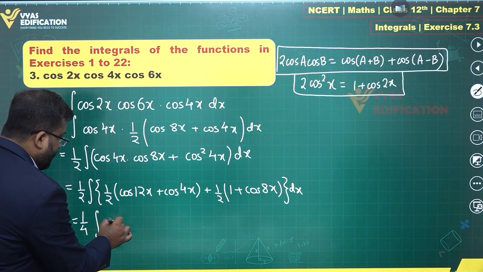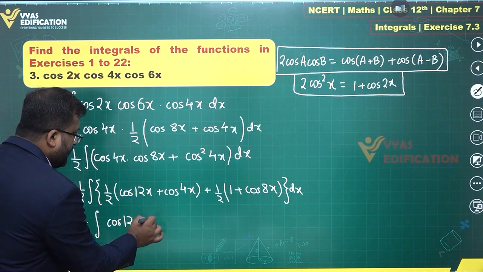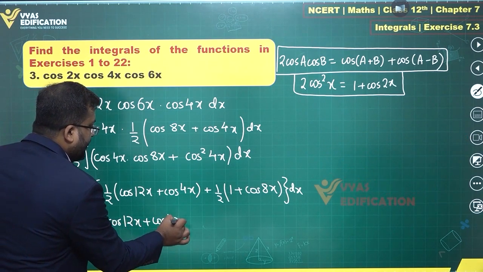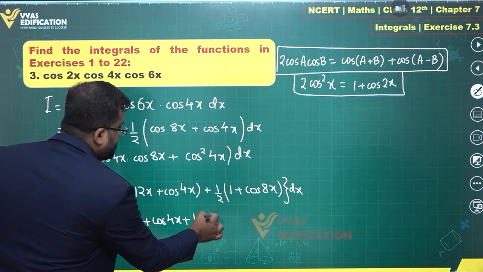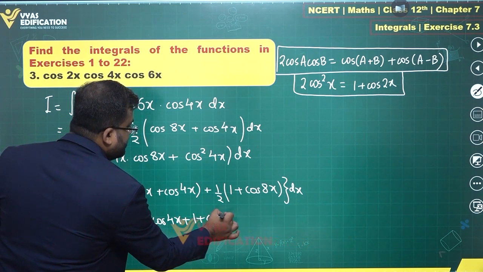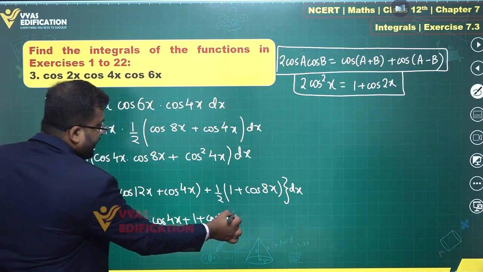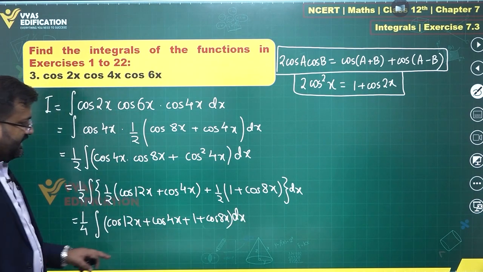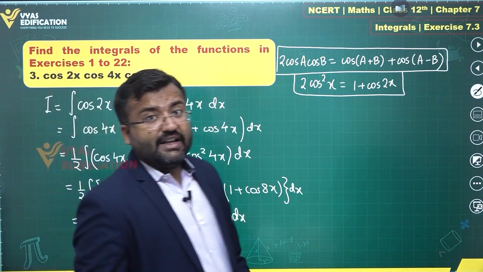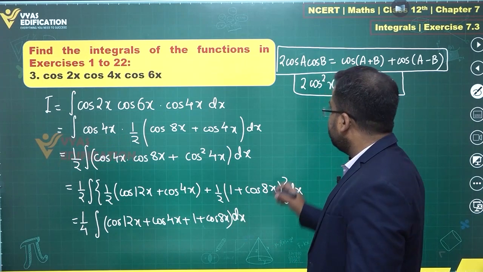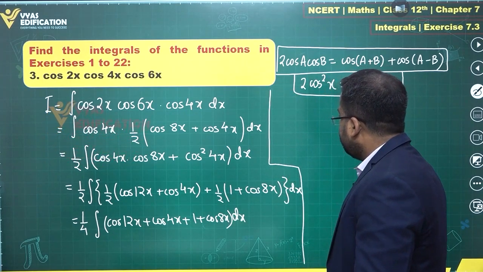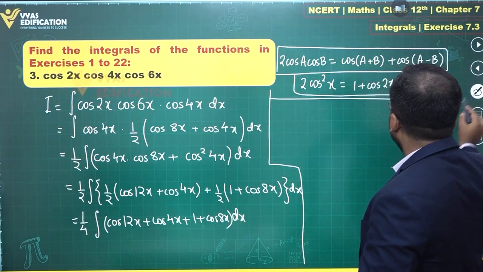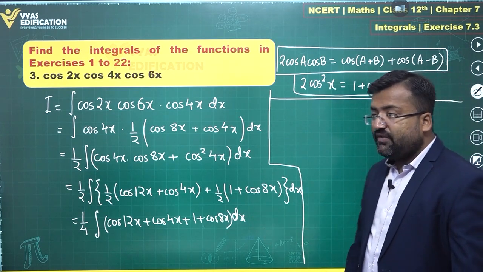Inside the integral we have cos 12x plus cos 4x plus 1 plus cos 8x. That's the complete expression in the bracket, and this is what we want to integrate now. This is in a form which is integrable. That was the first thing that we wanted, and we have reached this stage where we can integrate.